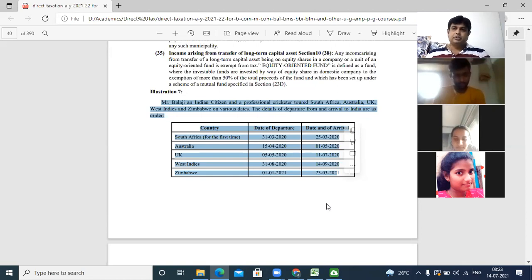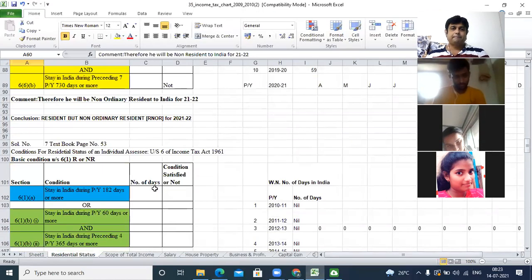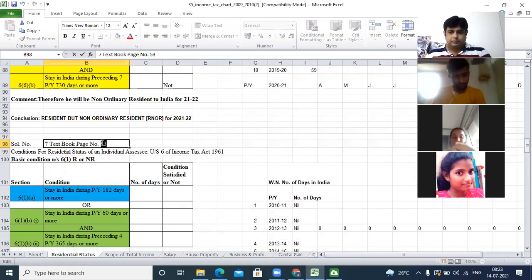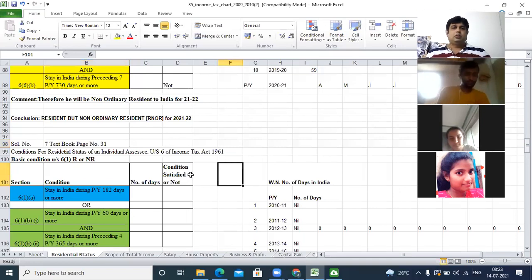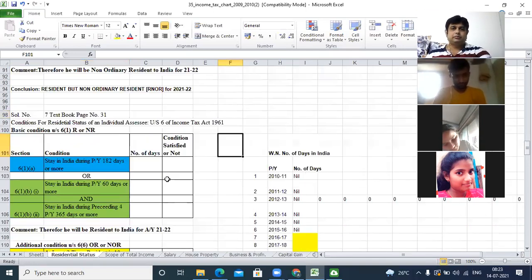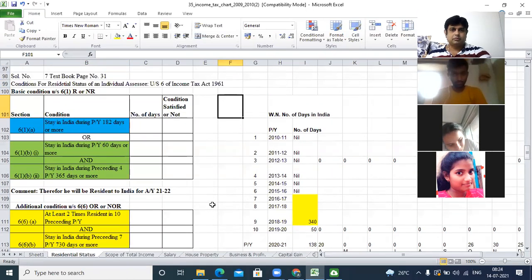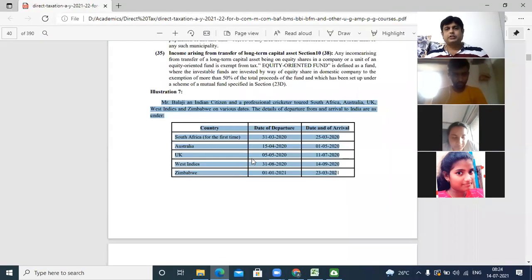You have seen that. So if it is there in section 6(1), then my conditions will be in section number 7, page number 31. So these are the conditions. Let us see what is happening.